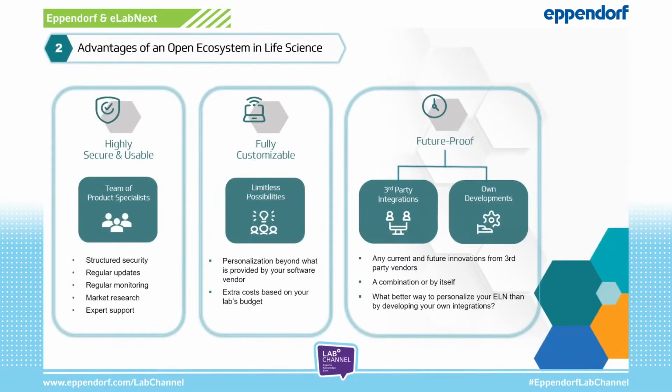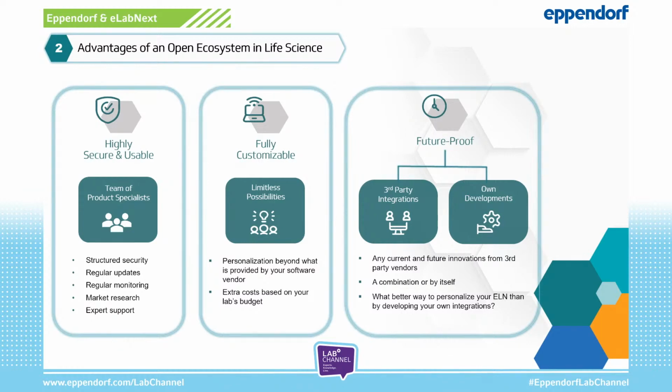So how can the flexibility of an open ecosystem be an advantage for your research? Instead of being restricted to what is provided by your systems vendors or your system provider, you can also personalize your ELN depending on what is needed for your lab. So if you are dependent on what your vendor offers, you will be obligated to pay for new features or tools which your lab might actually not need on a daily basis or actually not need at all.